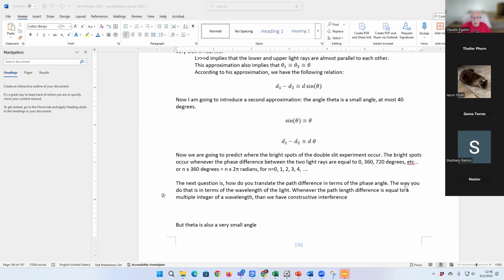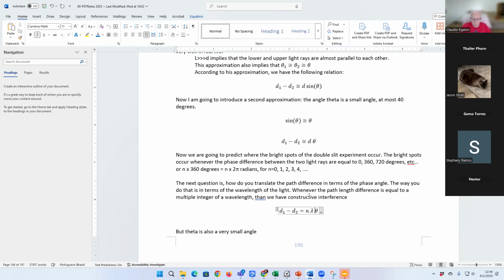And the way you do that is in terms of the wave equal to the integer of a wavelength. Whenever D1 minus D2 is equal to a multiple number of wavelengths, remember that?